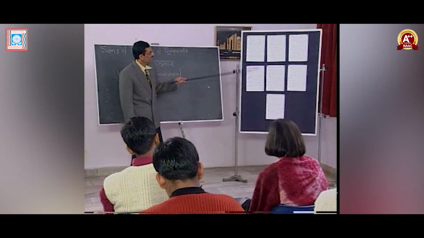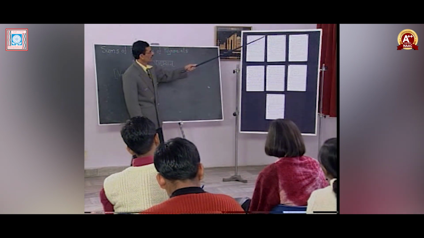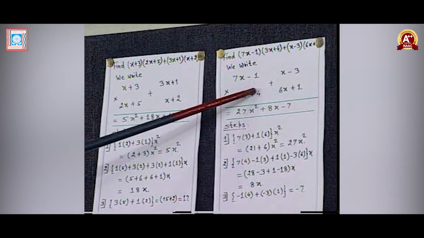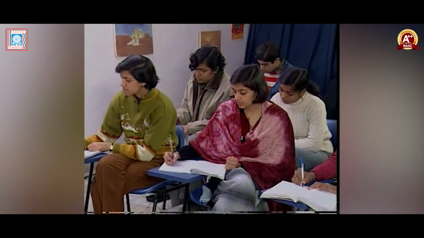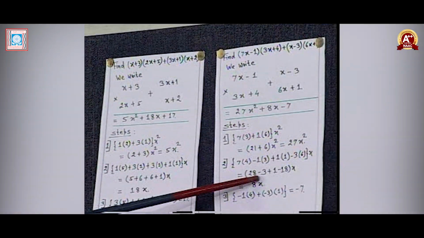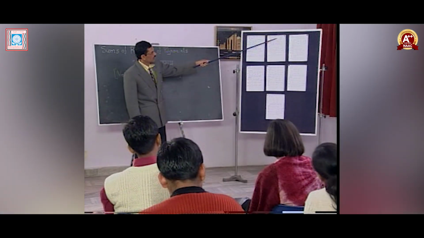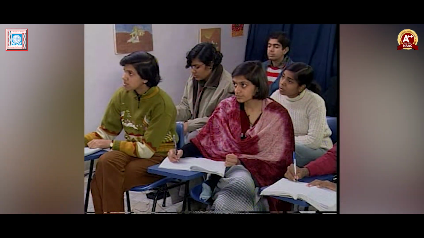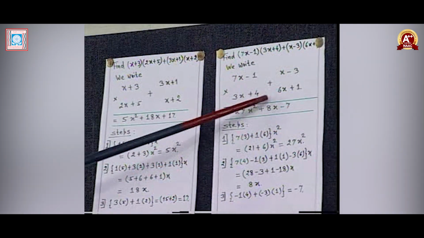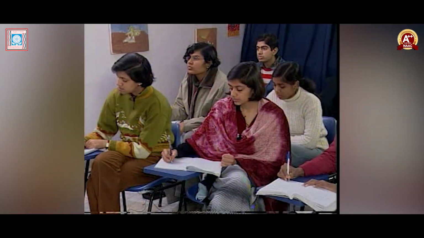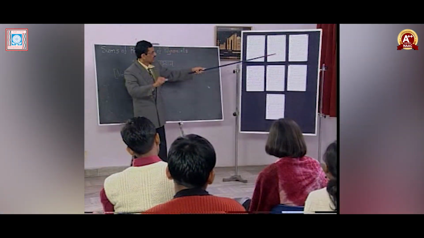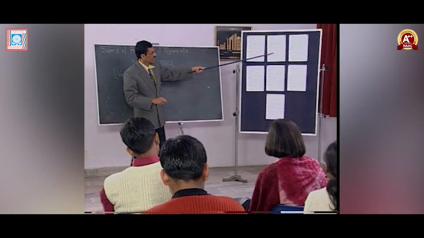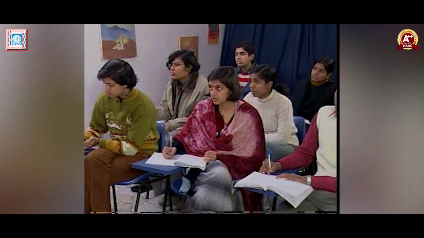Then the coefficient of x is to be collected from the products. 7 into 4, 28, plus minus 1 into 3, minus 3, plus 1 into 1, 1, and then plus minus 3 into 6, that is minus 18. So the total four terms which we get are 28 minus 3 plus 1 minus 18.